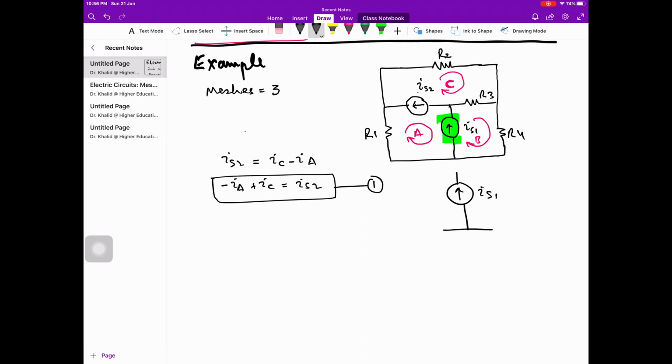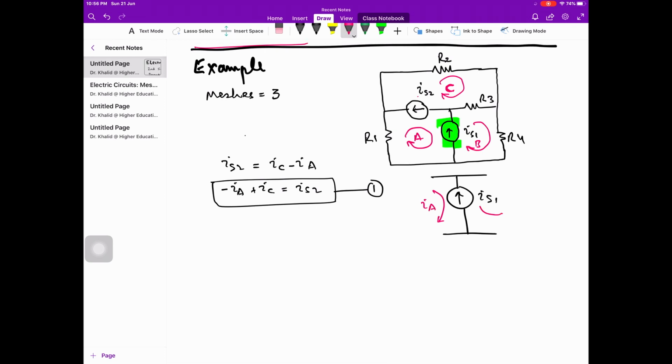If you see the direction of current flowing in mesh A and mesh B, as this is shared by two meshes, what is the net current flowing upward? IB is flowing upward, IA is flowing downward. So the net current flowing upward is IB minus IA.